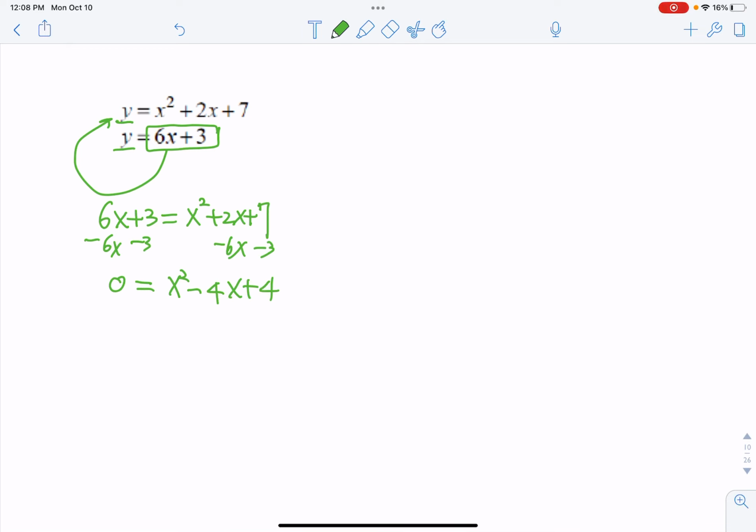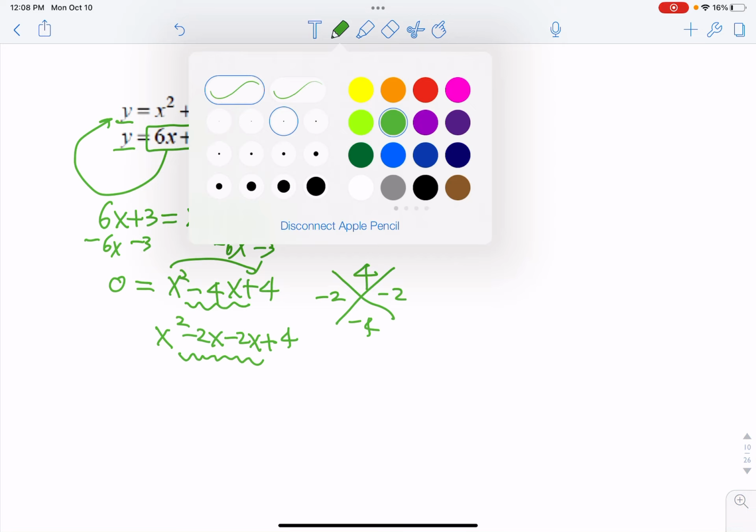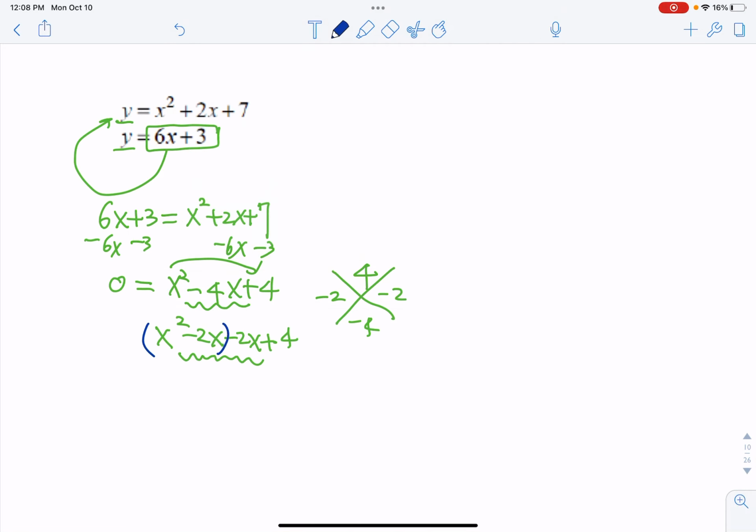I can factor the right side by finding two numbers that multiply to be 4 and add together to be negative 4. So I have negative 2 times negative 2. So I can do x squared minus 2x minus 2x plus 4. Instead of negative 4x, I rewrite it with negative 2x twice, and I can combine them. For the first term, the common factor is x, so x times (x minus 2).